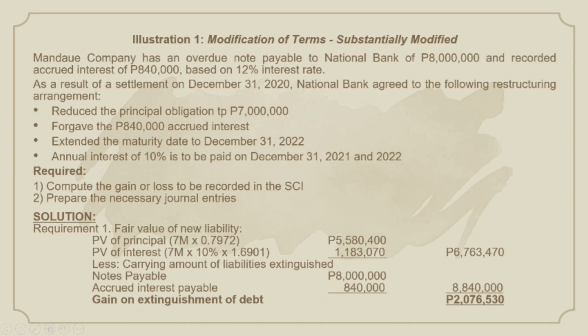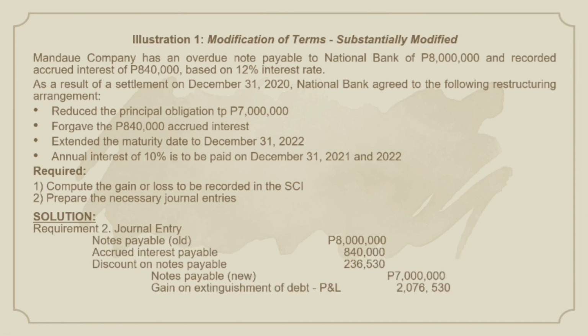Present value of interest, 7 million times 10% times 1.69, we have 1,183,070, less the carrying amount of liabilities extinguished, the original notes payable of 8 million and the accrued interest payable of 840,000. So 6,763,470 less 8,840,000, we have the gain on extinguishment of debt of 2,076,580.